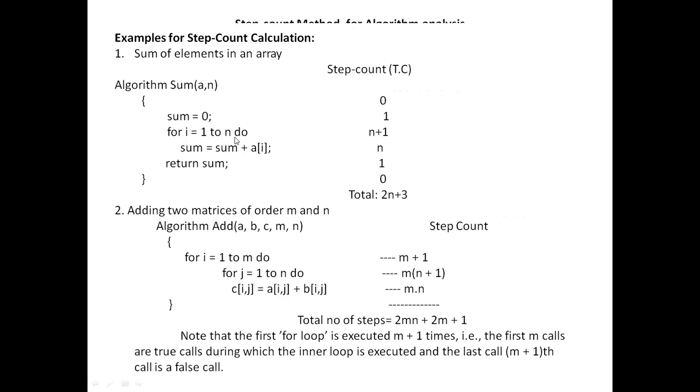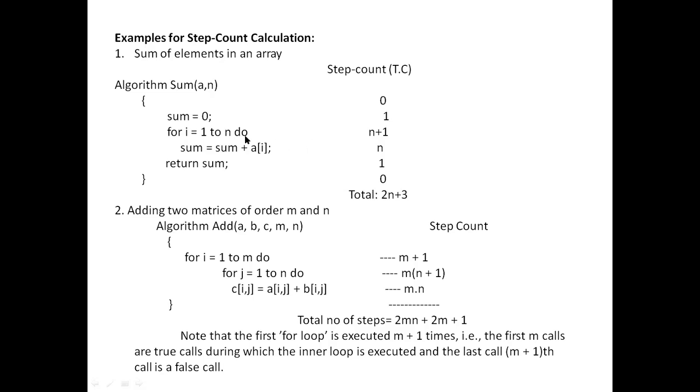So for i equal to 1 to n, it is n plus 1. Then this assignment statement is executed. How many times is it executed? n times. So each time it is executed, the count value is 1. Since it is executed n times, the count value is n. And this return statement has the count value of 1. And this close brace has a count value of 0. So what is the total number of counts here? For sum equal to 0, we have 1.